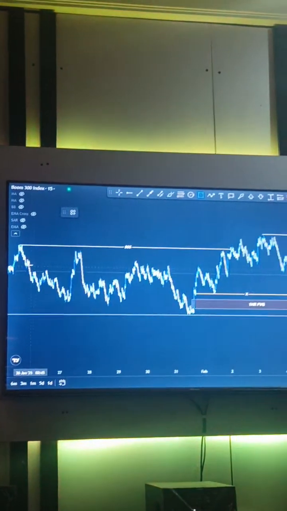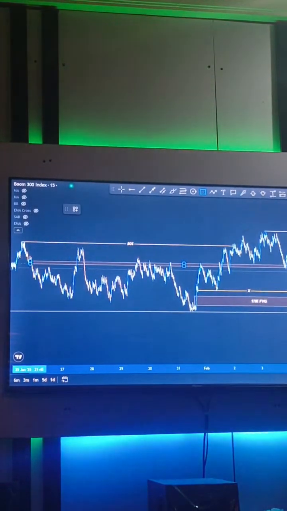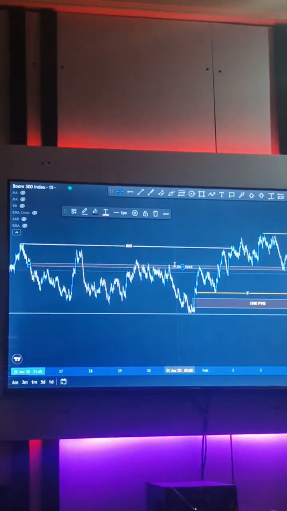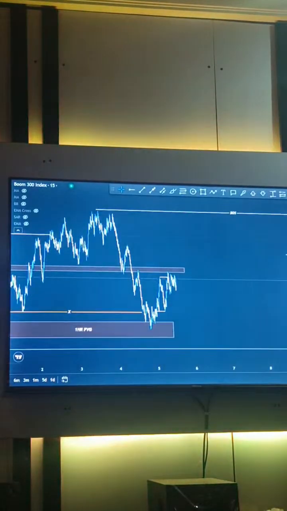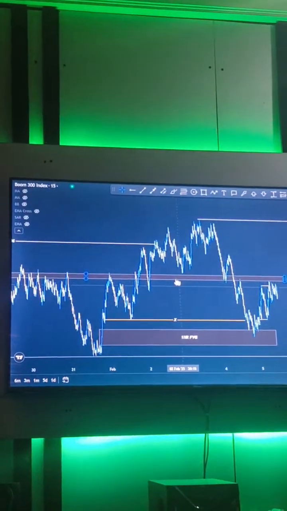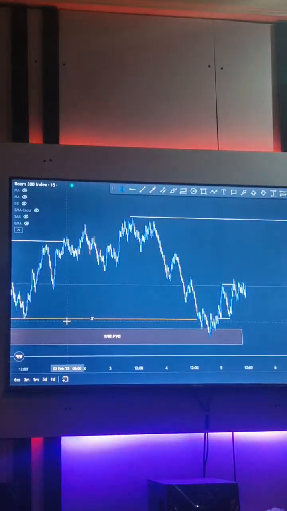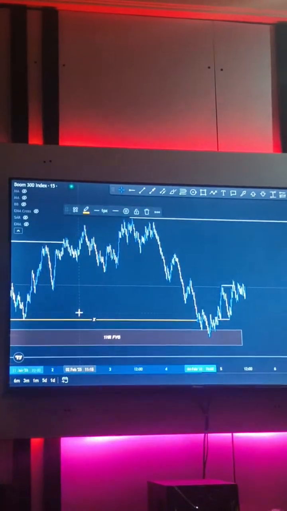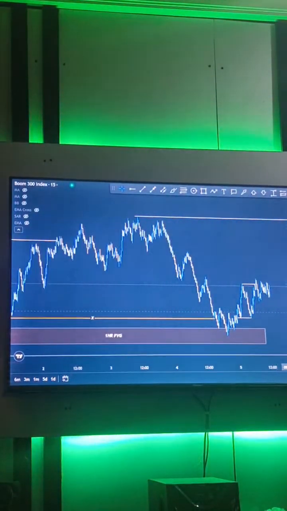I'm getting a bit of resistance from this zone here. Are you seeing that? But it might not actually be a problem.